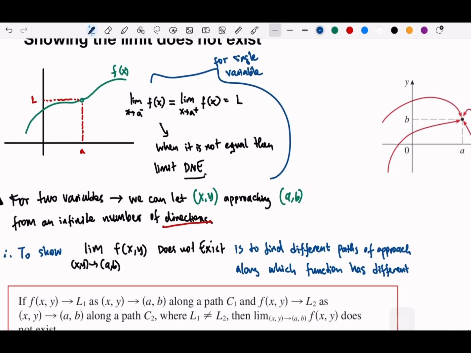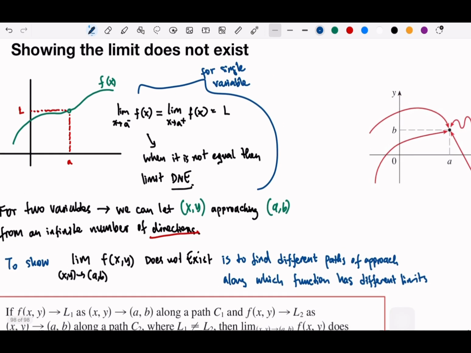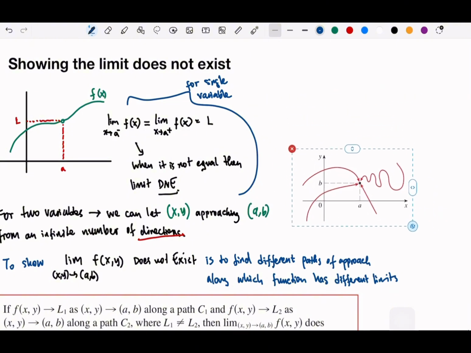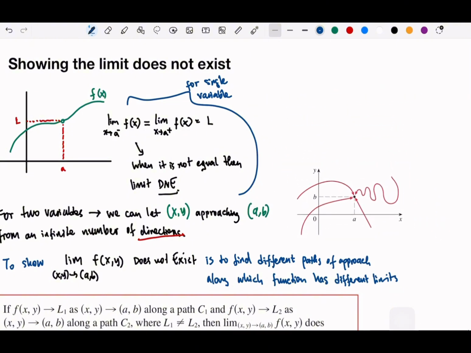Now, what does that mean? Let me go through the example. If we see this picture here, consider this picture as an XY plane in the 3D system. Suppose that this is a 3D system, but we only see it from the XY plane.